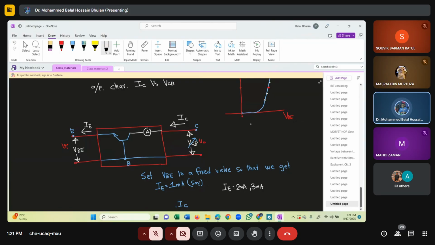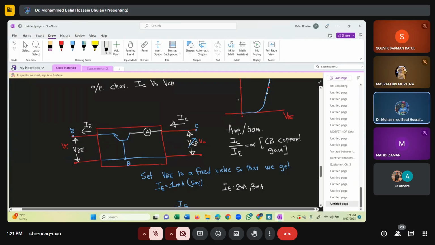So we can easily find the gain, or the amount of current amplification, as IC over IE, output over input. That is termed alpha, which is known as the common base current gain or amplification. Okay?